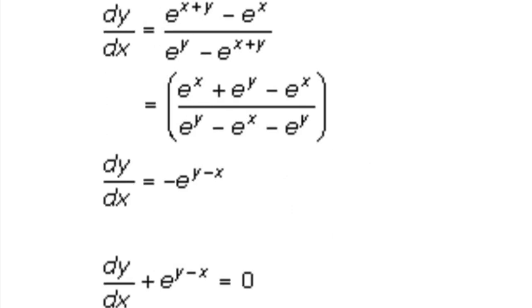Now we are going to transfer minus e raised to y minus x to the left hand side. So we'll get dy upon dx plus e raised to y minus x equals to 0, which is the required solution.